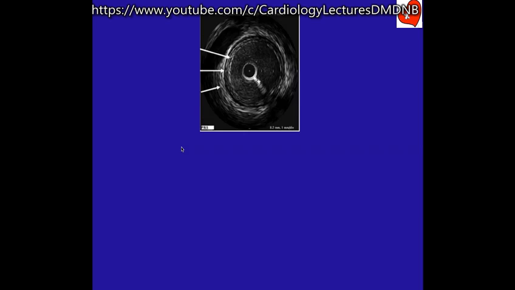It is a mechanical IVUS catheter, sir. Is it a catheter or a wire? Sir, actually it is a catheter, sir. Okay, that's better. Because here you see a catheter and a wire both. You can see both.